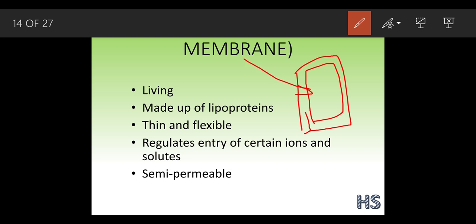The cell wall was dead, but this is living. The cell wall is made up of cellulose, but this is made up of lipoprotein, meaning it is made up of protein. As this is living, it needs some nutrition too for survival. The cell wall was rigid, meaning very strong, but this is not rigid. It is thin and flexible, meaning easily movable.